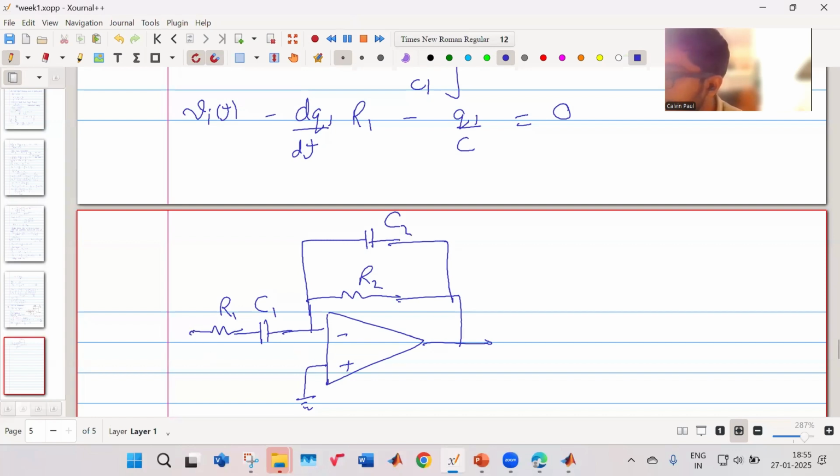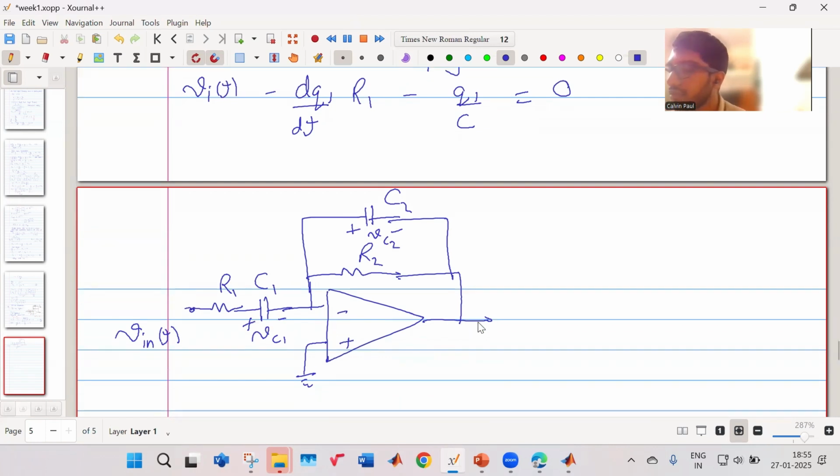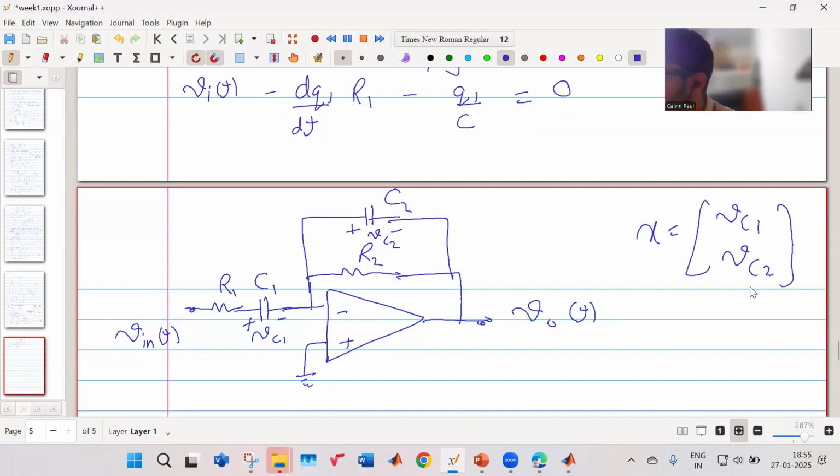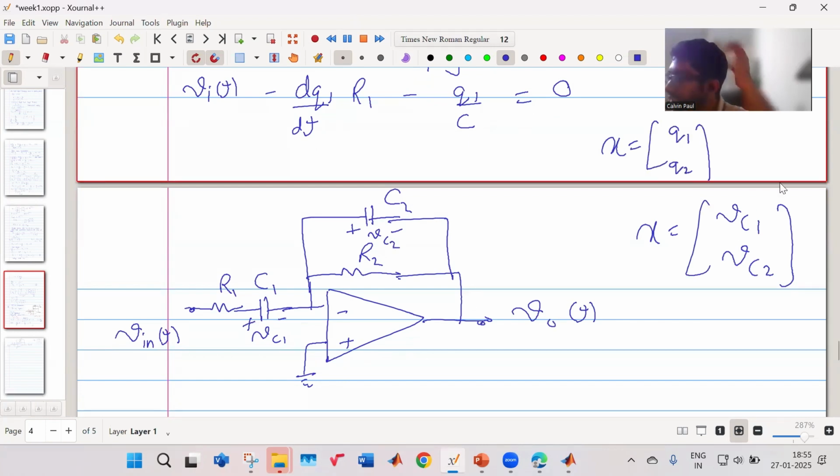And this is my V input. So let us consider states plus or minus Vc2 of t and plus or minus Vc1. And this is my V output of t. So now the states I am considering are Vc1 and Vc2. Sir had considered the states to be Q1 and Q2, but these are the states I'm considering. So now how should I solve it?